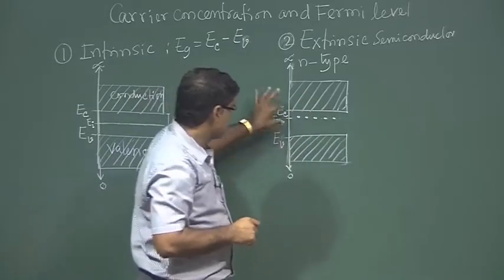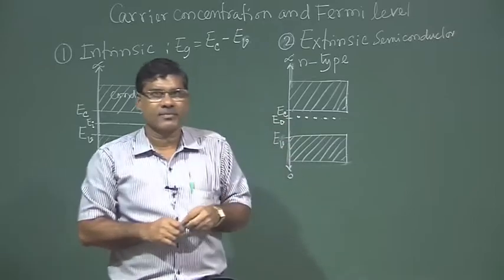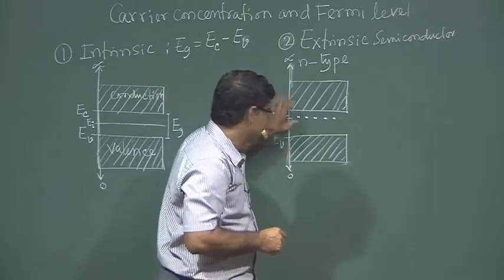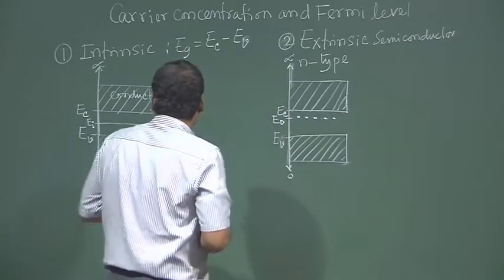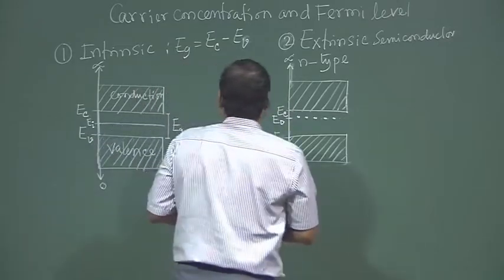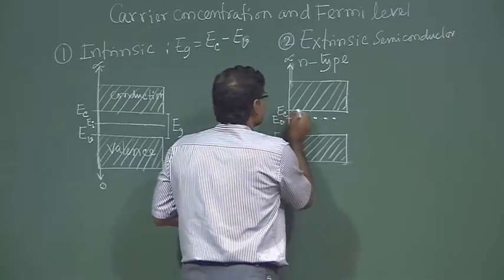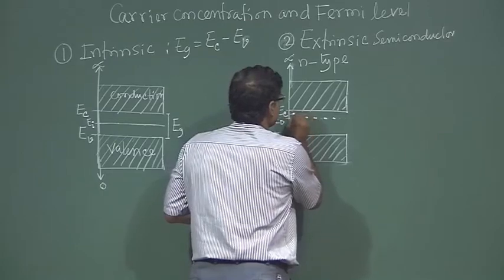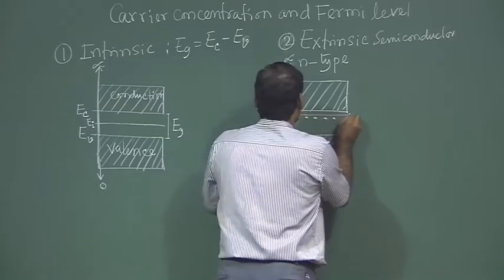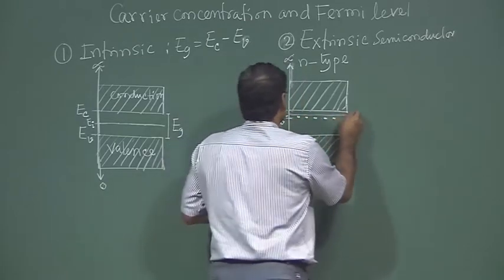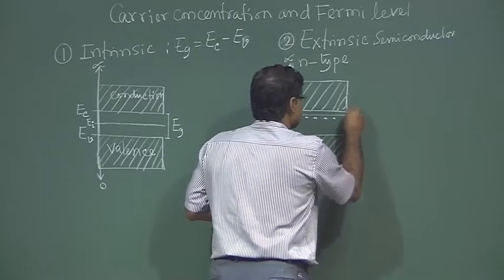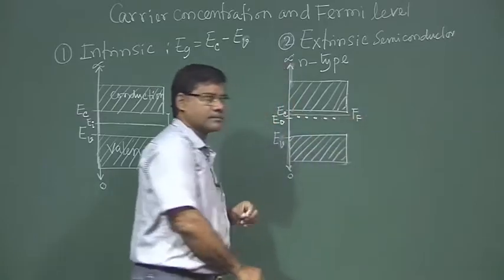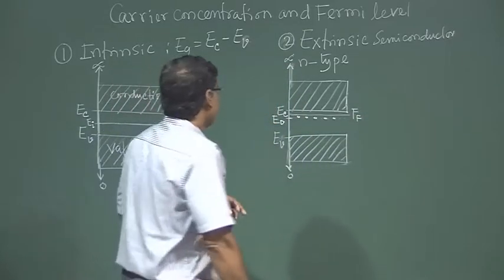For that the donor needs some energy, and that energy is the difference EC minus ED. Now, the Fermi level in this case is considered to be in between these two, ED and EC. This is considered EF, okay.